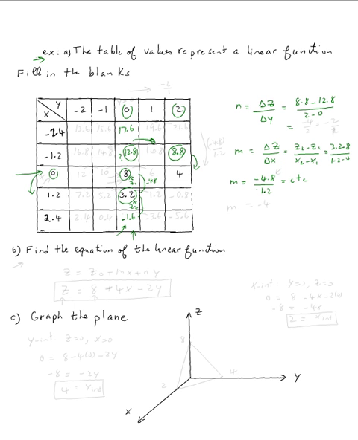This is going to be 8.8 minus 12.8, that's going to give me negative 4 over 2, which is negative 2. See, it's a nice number.